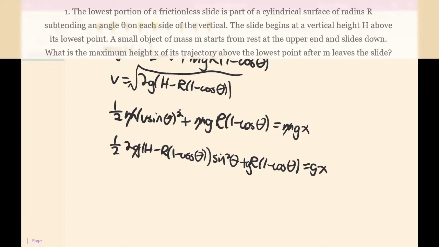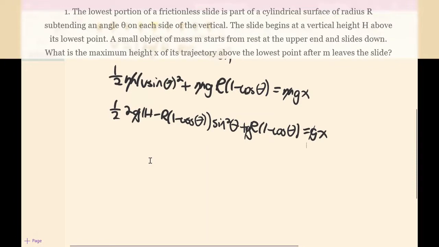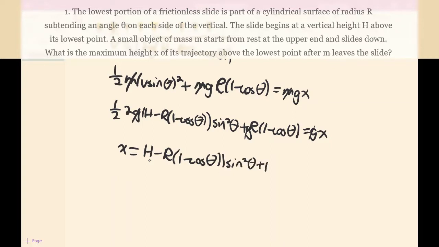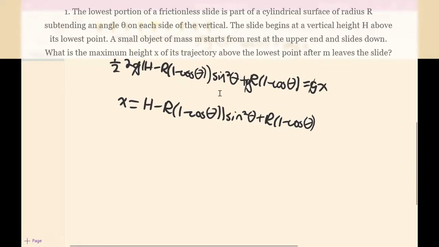We can cancel out the g now, and so we get that x is equal to h minus r times 1 minus cosine theta, times sine squared theta, plus r times 1 minus cosine theta. This entire thing would be h here.